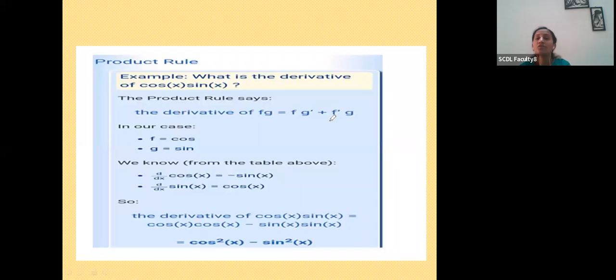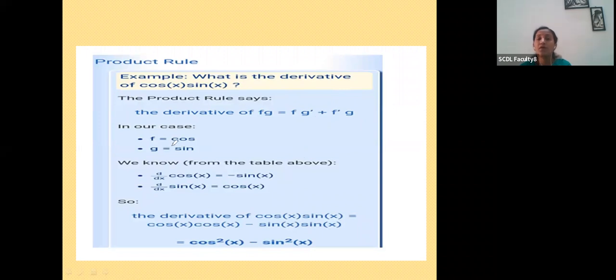F dash means now we take the derivative of cos x, so d by dx of cos x, and sin x will remain the same. This is how we solve this example.